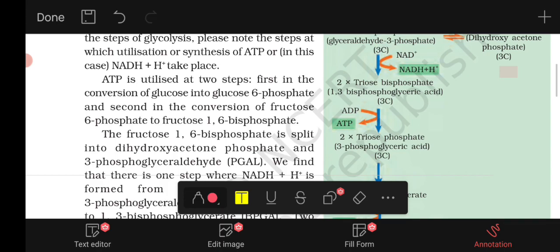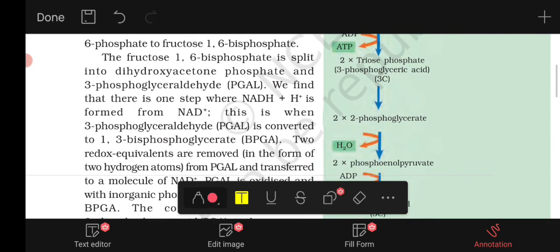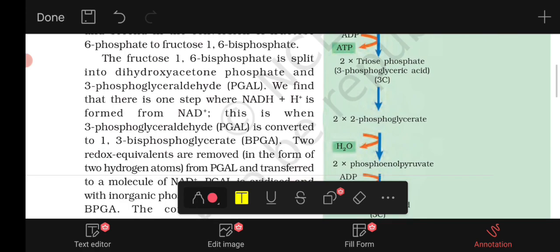Then 1,3 bisphosphoglyceric acid is converted into 3-phosphoglyceric acid. So here one phosphate is removed, which means ATP is synthesized from one molecule. Since there are two molecules, two ATPs. Then 3-phosphoglyceric acid to 2-phosphoglyceric acid, nothing. 2-phosphoglyceric acid to phosphoenol pyruvate, PEP. This is the only dehydration step.